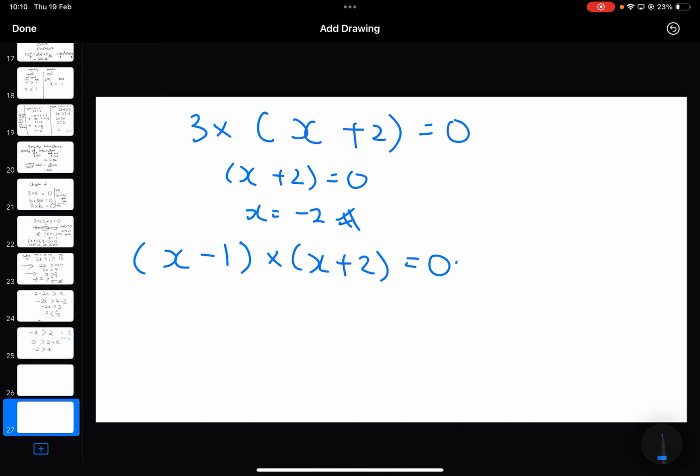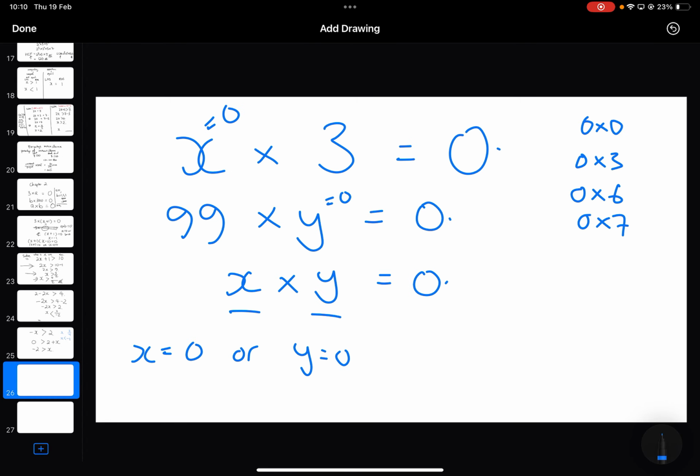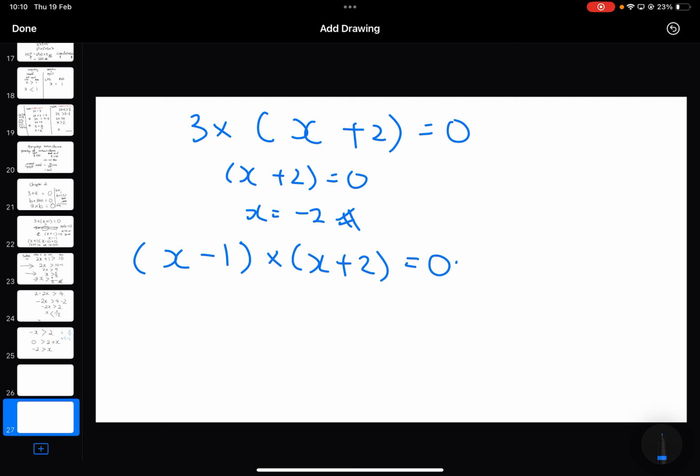So if we have this equation, again like just now, I can write down either the first number is 0 or the second number is 0. So in this case, it will be either x minus 1 is 0 or the second bracket is 0.